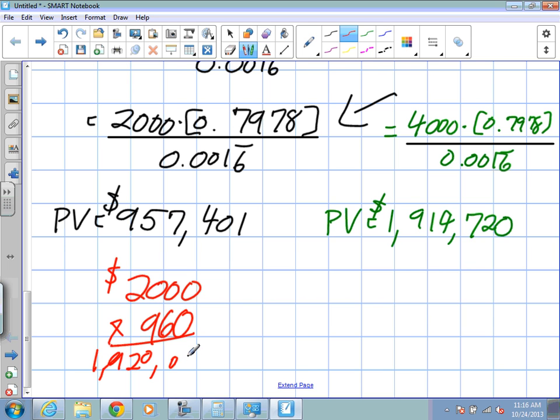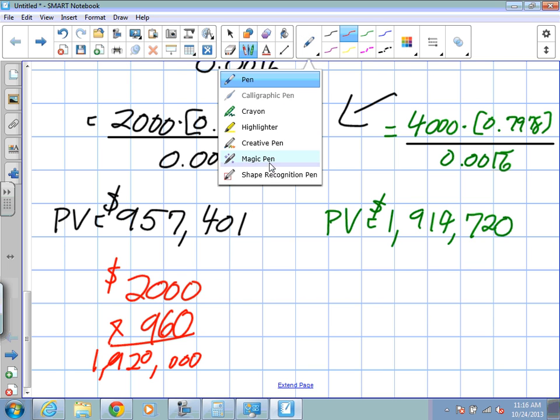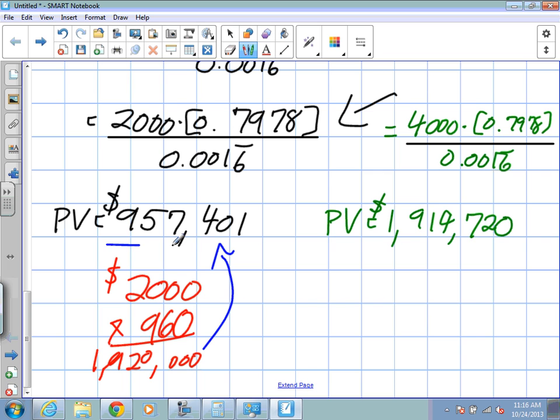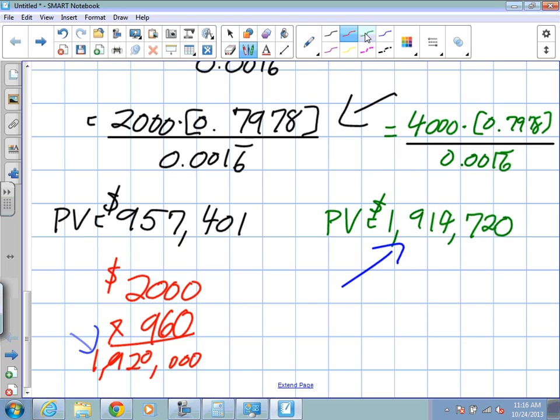I want you guys to compare this. This is how much money we put into the bank. We put in less than $1 million, but we were able to withdraw closer to $2 million. The same idea is present here. We were taking out 4,000, and we did it 960 times.